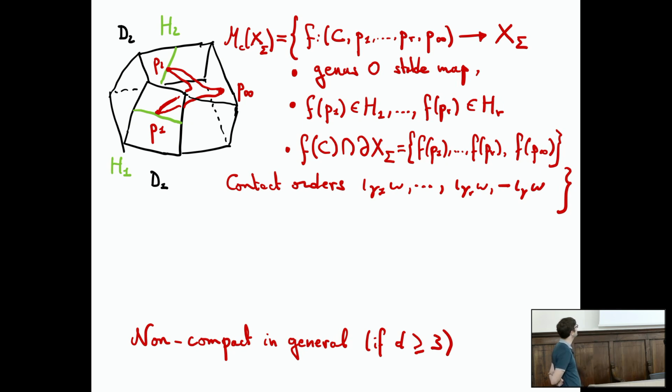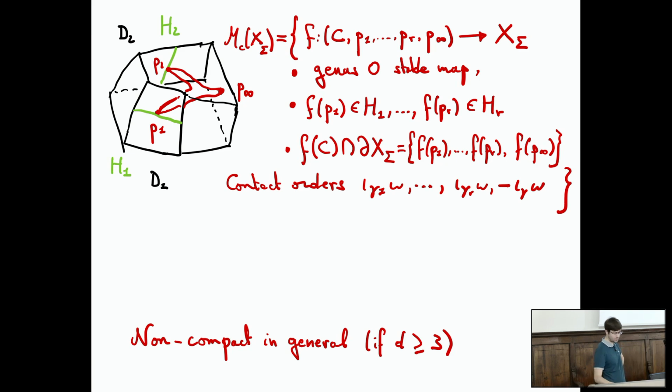And in addition, you impose contact order with the boundary determined by these directions of the legs and edges in the tropical curve. So this contraction of omega with gamma 1, gamma r, and with minus gamma. Okay, so this curve looks like this red curve on this picture. There is this P1 to Pr, which goes to this green locus in the boundary. And then the curve is hitting the boundary in only an extra point, which is P infinity.